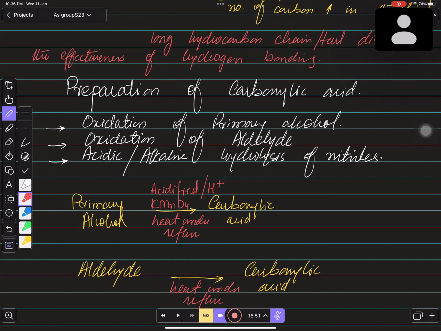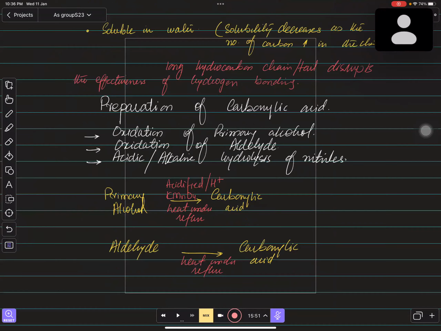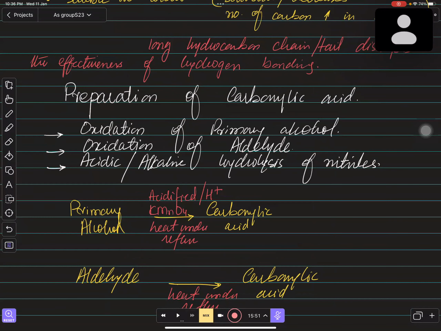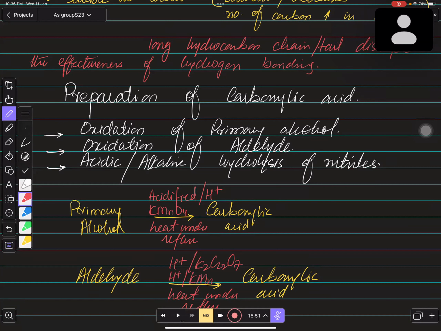And again, acidified, children, acidified, you can even use potassium dichromate over here, because when you make aldehyde from alcohol you use potassium dichromate so that it is easy to stop the reaction, as it is a little bit milder oxidizing agent, or you can even use KMnO4 if you want.